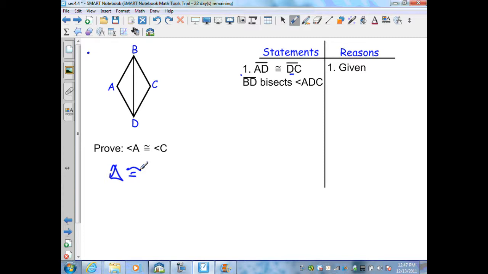So let's start with the given. We know that AD is congruent to DC. I can put tick marks in my diagram to represent that. Number two, I'm given that segment BD bisects angle ADC.